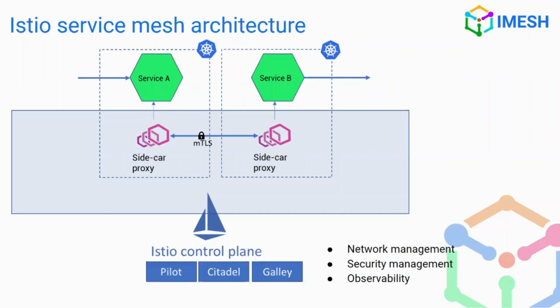Similarly, there is also one component called Istio Gateway. Gateway basically enables external traffic to enter the service mesh. It also provides load balancing, TLS termination, and other features like securely exposing the services to external clients, etc. In the previous versions of Istio, there were also components such as Istio Mixer and Istio Telemetry.